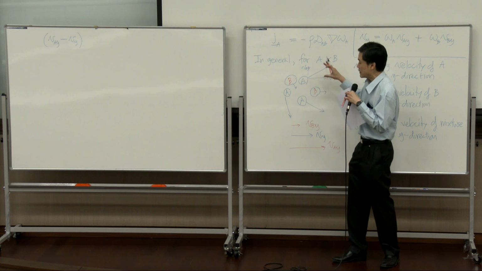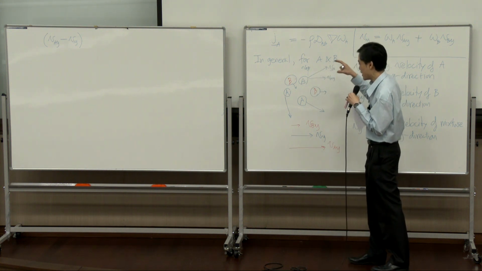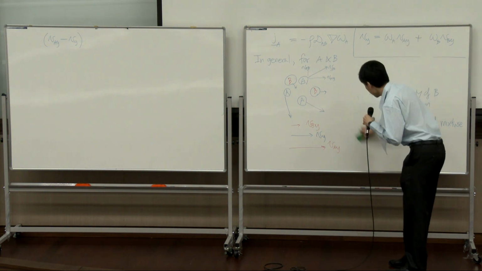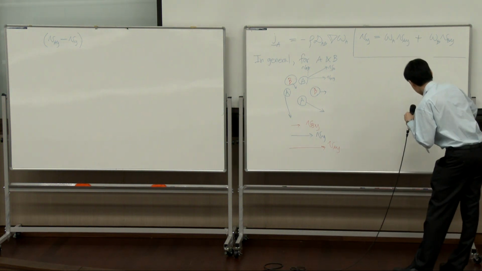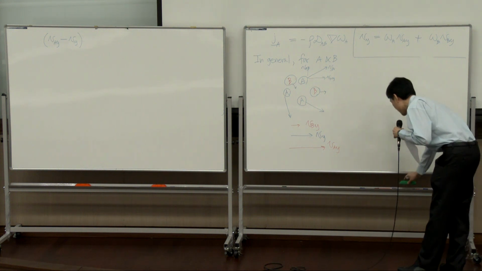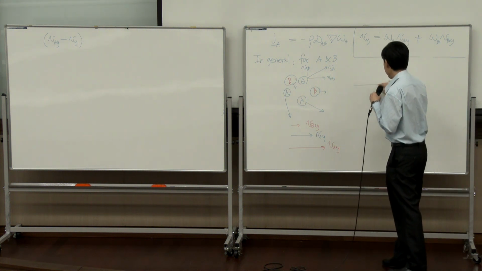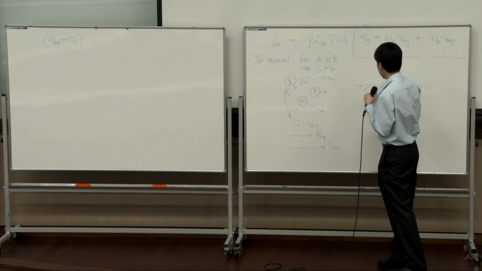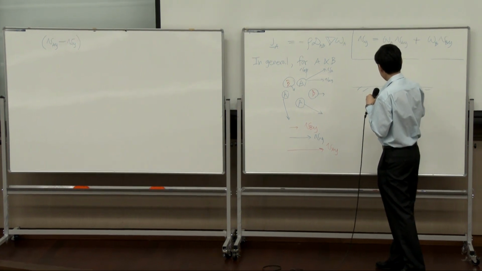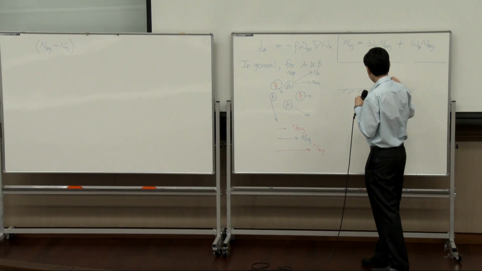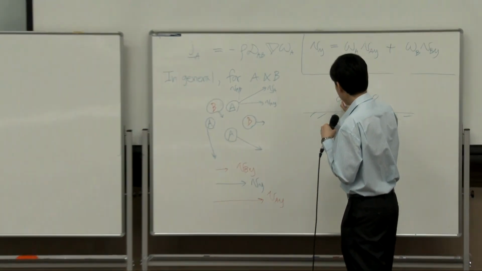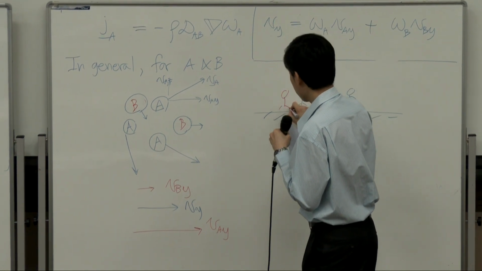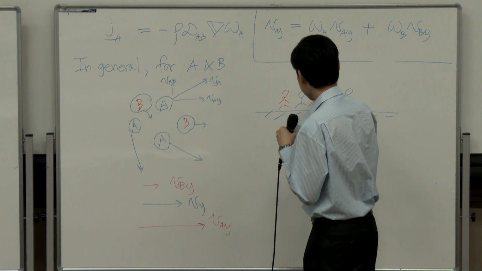If you look from above, let's say this is a road. I have A, 3 of A, running. I have B running behind.